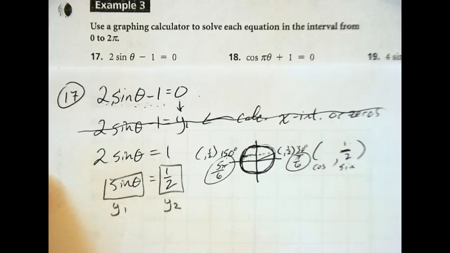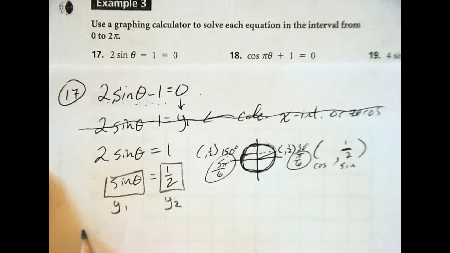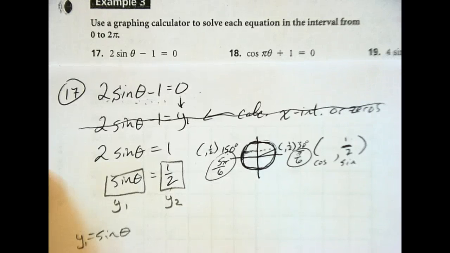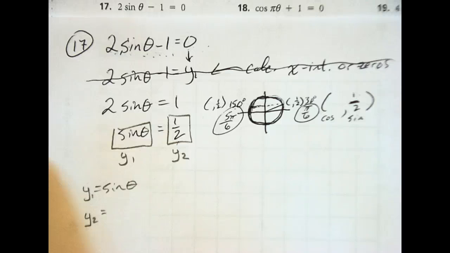So one way to use our calculator is to set sine theta equal to y. Y equals sine theta, and we're calling it y sub 1. And set 1/2 equal to y. You can do this with any equation, like back in the day when you're solving 4x plus 2 equals 3. And so y sub 2 will be 1/2.